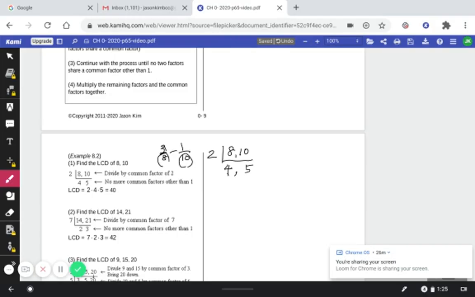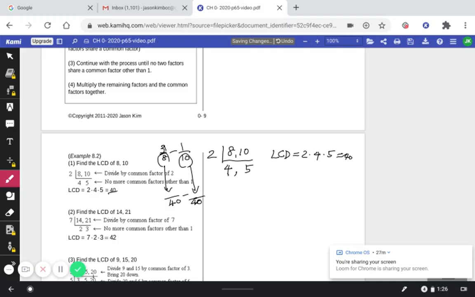And they don't have any more common factors. So the LCD becomes 2 times 4 times 5, which is 40. So that means you're converting each one in terms of 40. So find the equivalent fraction with the LCD.